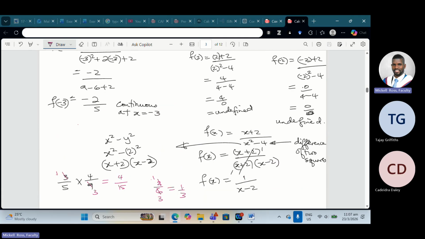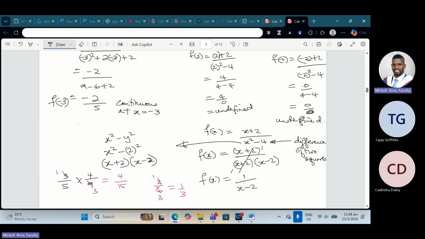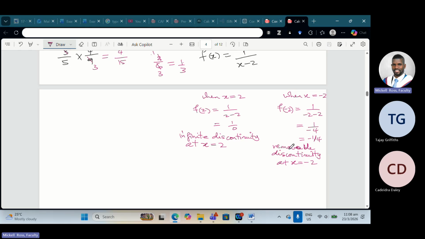Notice we move from where it is undefined. When x equal to negative 2, we move from it being undefined to now being defined. Because you change the function from being undefined to now being defined, the discontinuity is known as removable, because you would have just removed the discontinuity to make it defined at x equal to negative 2.